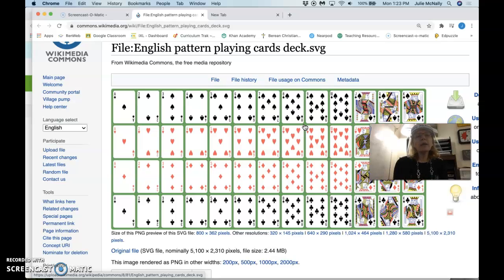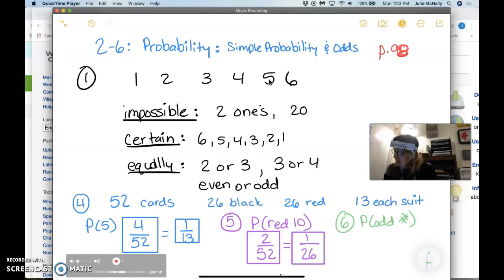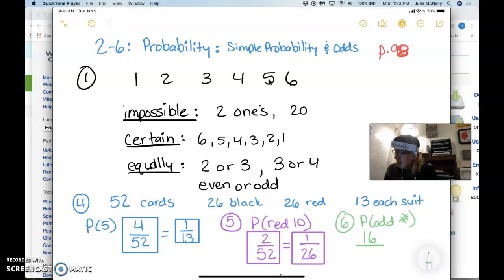Okay, so let's add 4, 8, 12, 16. That should be 16 odd cards, right? So I have 16 odd out of how many total? How many cards are in the deck? 52.